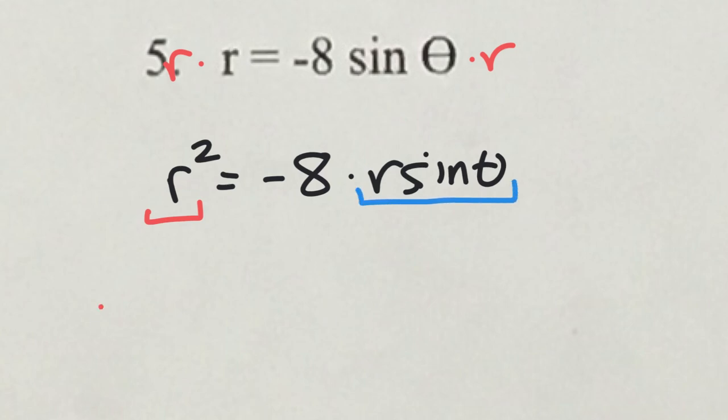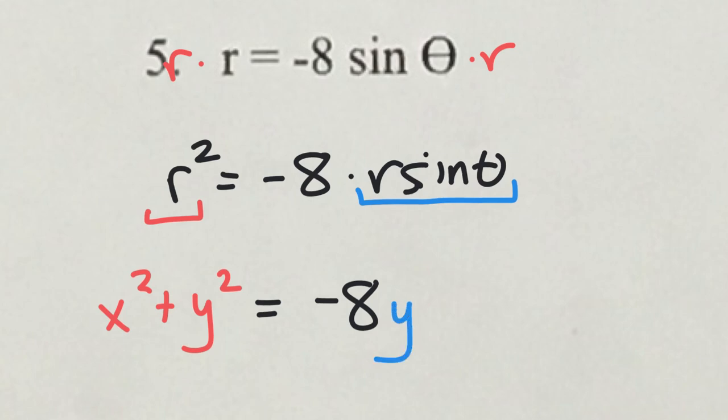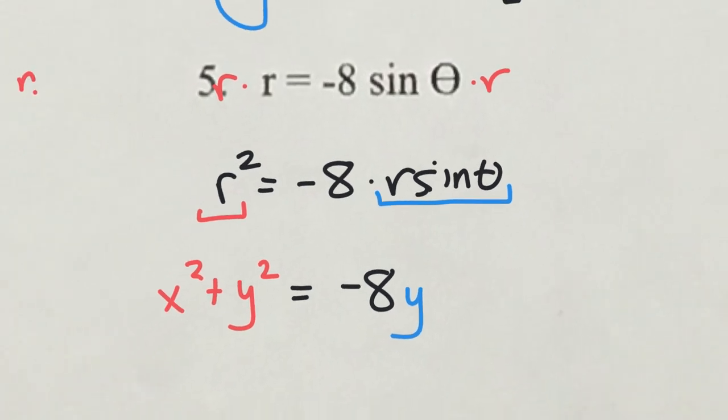So we replace r squared with x squared plus y squared. And we replace r sine theta with y. Okay? So once again, this is a circle with a center not at the origin.